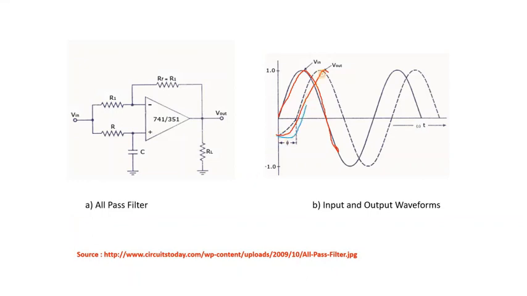So this is your output. Between input and output, you will find there is a certain delay. The main purpose of the all pass filter is to give delay. So if two waveforms are not matching with each other, we can intentionally introduce delay so that perfect matching will be there.